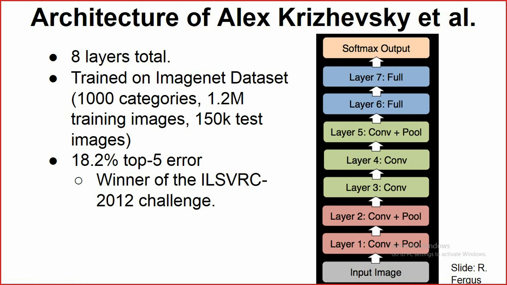The 5 most likely labels will be predicted by the system, and then we check. If the true label of the object is among these 5, we accept it and we say that this image is classified correctly.